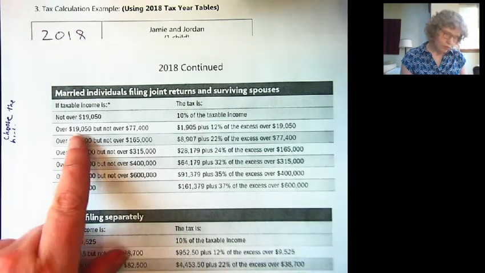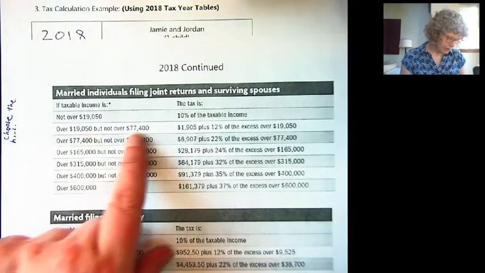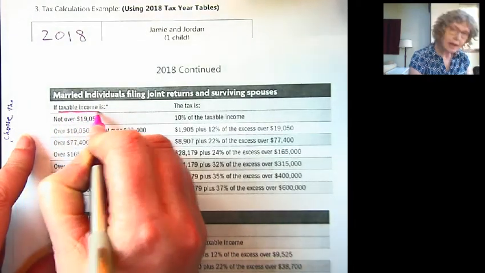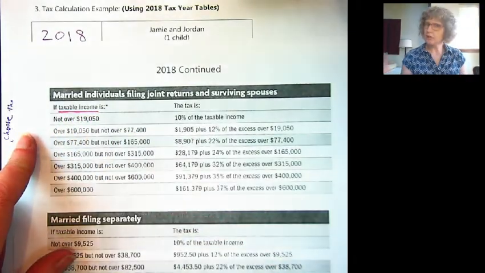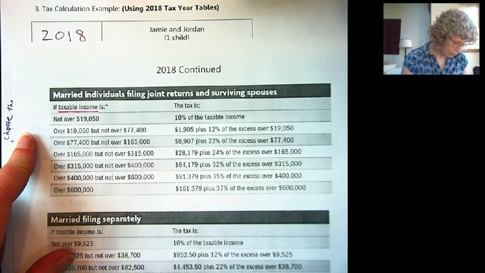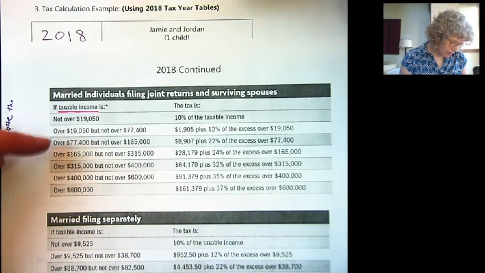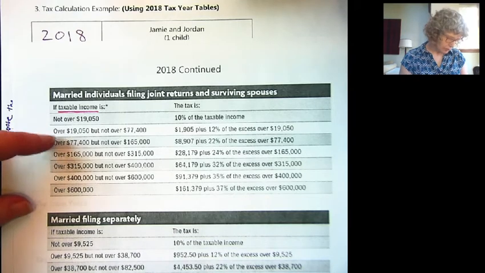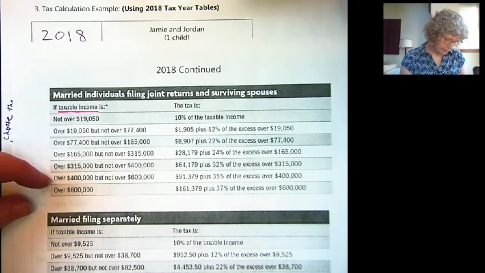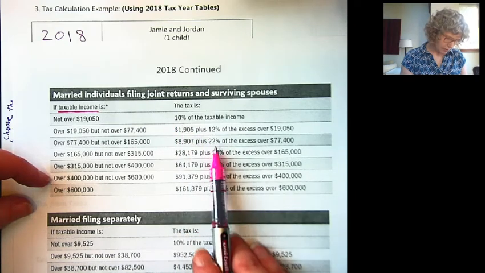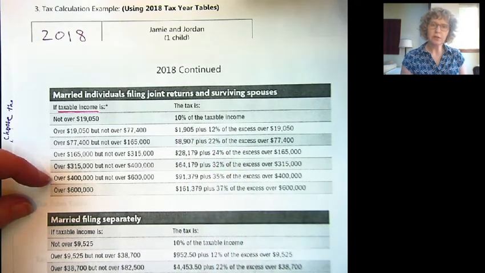And we need to figure out where their taxable income falls. So the table always goes off the taxable income, not the AGI, but stuff that's already been subtracted. There's a row for each sort of bracket of income, and then you can see the percentages: 10%, 12%, 22%, 24%, and so on.